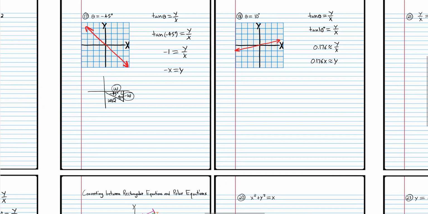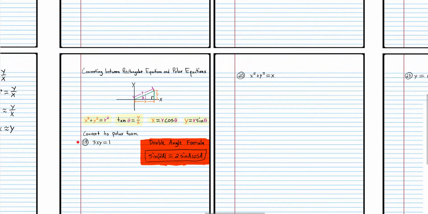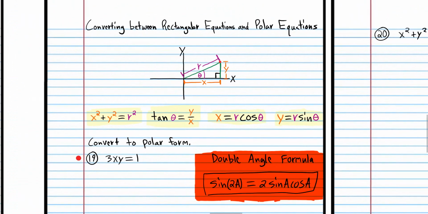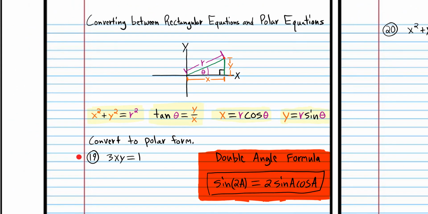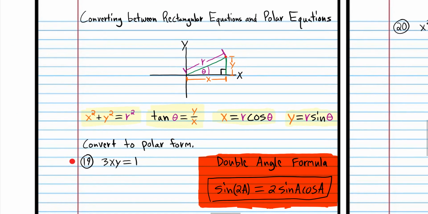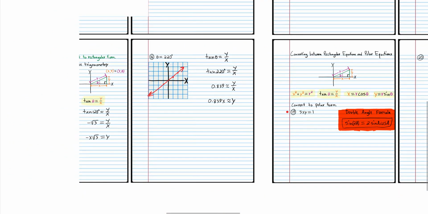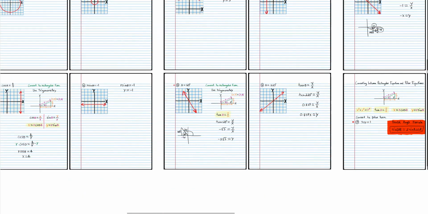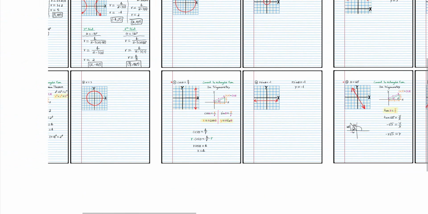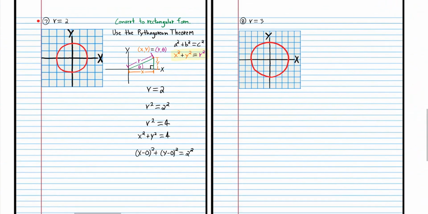Okay, so now we're going to switch to something different here. Notice that in the previous 5, 6, 7 problems, we converted from a polar equation to a rectangular equation to help us graph. So we did that over here. We converted r equals 2 to x squared plus y squared equals 4.